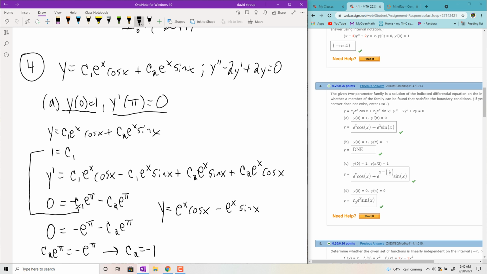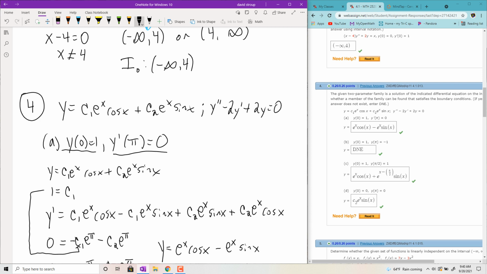The actual interval that we'd be working with for uniqueness of solutions is negative infinity to infinity. If you look at the differential equation here, the leading function, the thing in front of y double prime, a2 of x is 1, a1 of x is negative 2, a0 of x is 2, and then our f of x or g of x, whatever they called it, is 0.